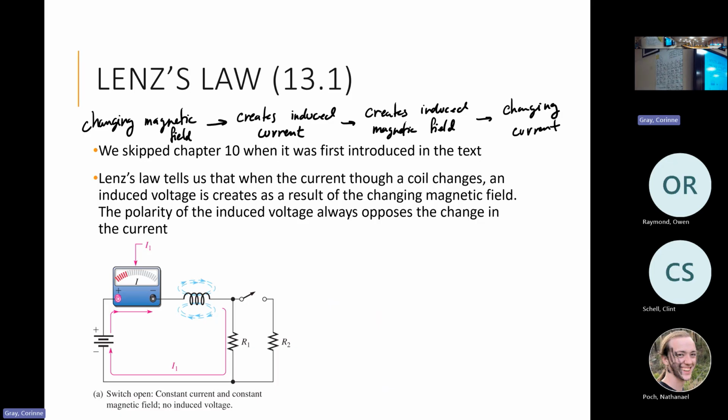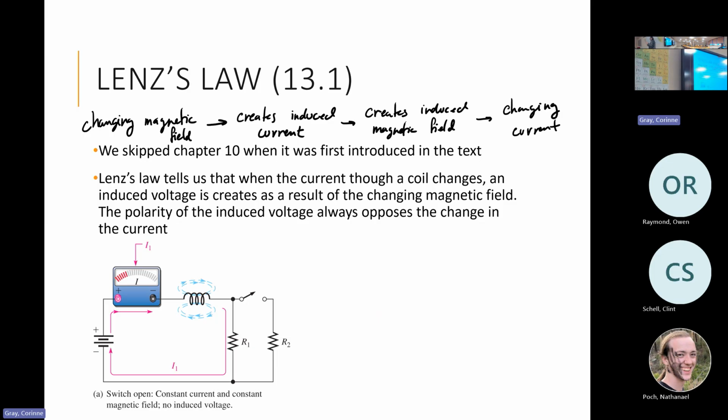With this particular circuit, it has a value that's being given by the battery. It's just outputting some amount of current. Let's talk about it with the switch open.